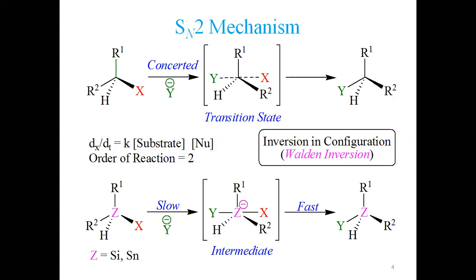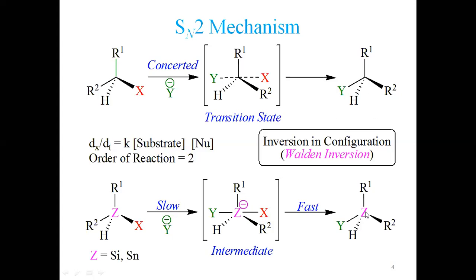Now you see, it is also SN2 in its kinetics. You look here: it is first order with respect to substrate and first order with respect to nucleophile. The nucleophile is involved in the first step as well, so in the slow rate-determining step the reagent is also involved. So the kinetic data of both of them are the same.